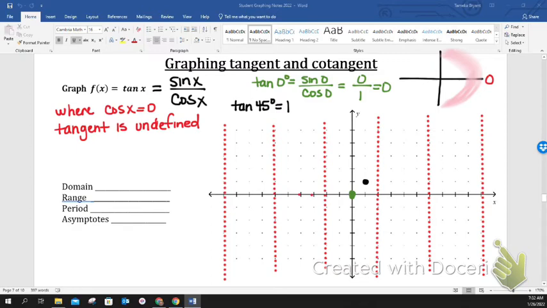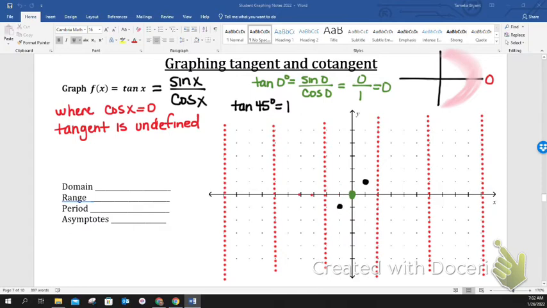And then the tangent of negative 45 degrees, which is coterminal with 325. So look at 325 on your unit circle. What do you think the tangent of that angle would be? Is it 1 or negative 1? Negative 1.